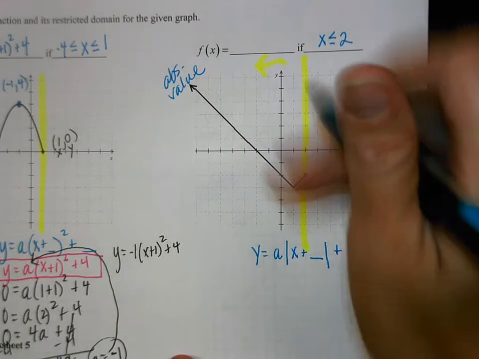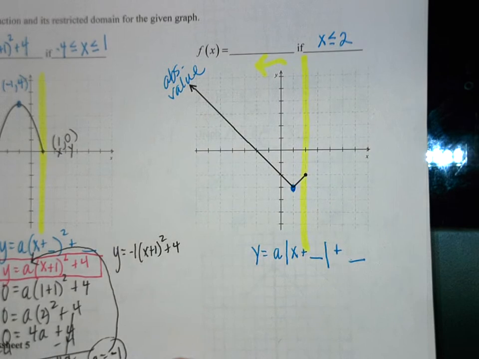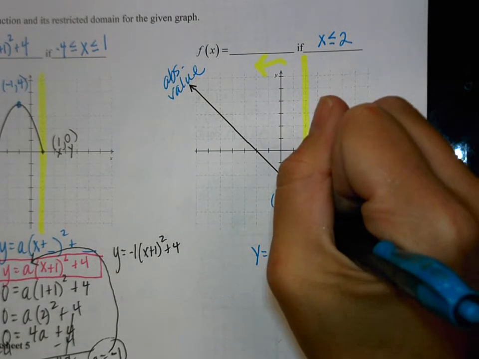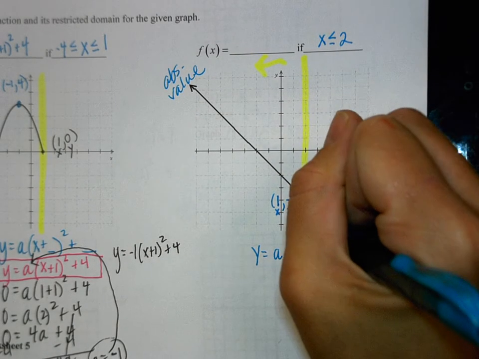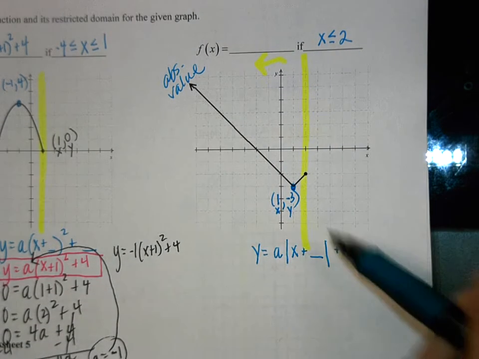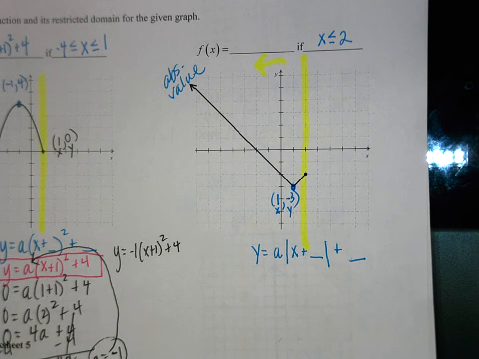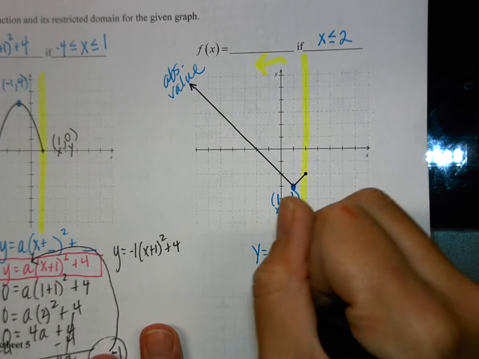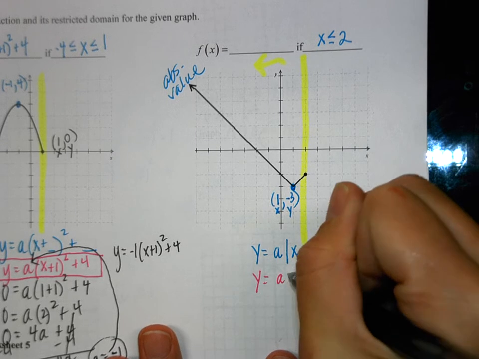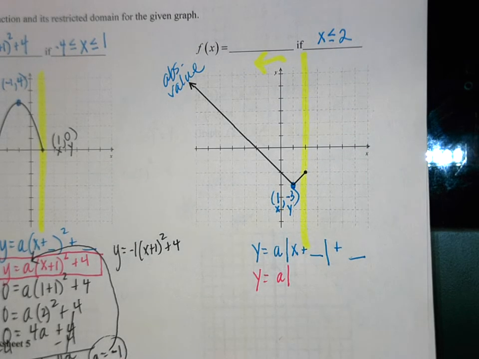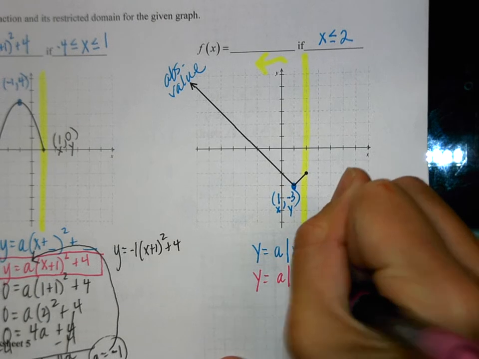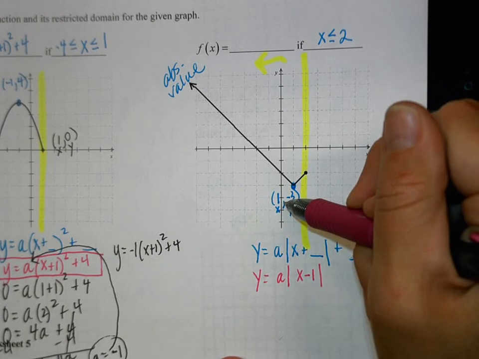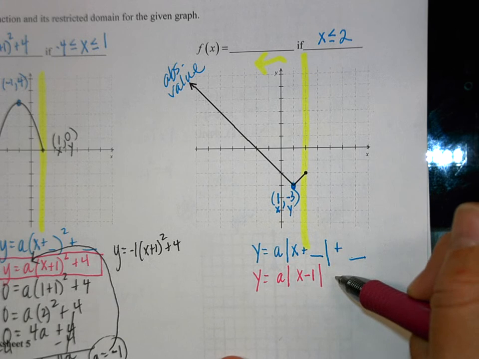What is my vertex? 1, -3. So how will I write this function with that point in? So y equals a absolute value of what? X minus 1, because we want to make it a positive 1 for the vertex, and then on the outside it's going to be what? -3.